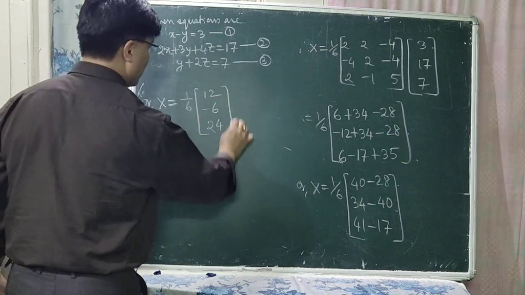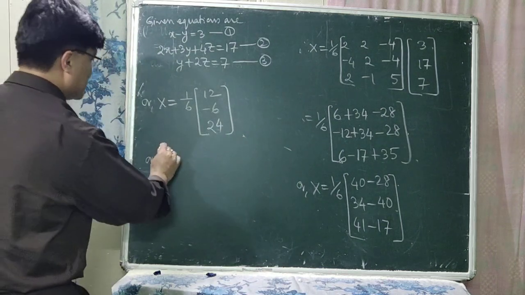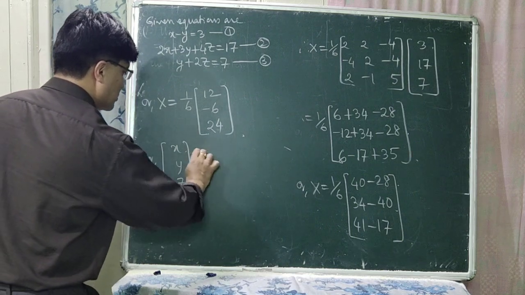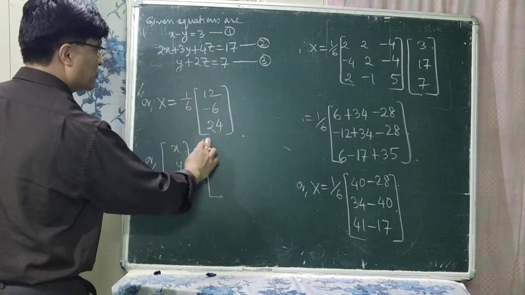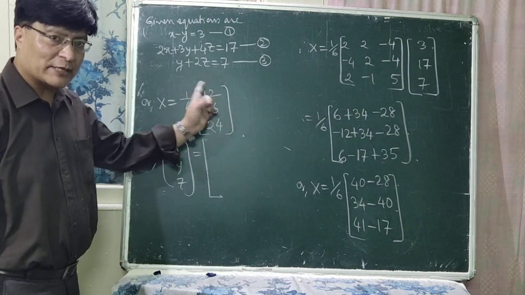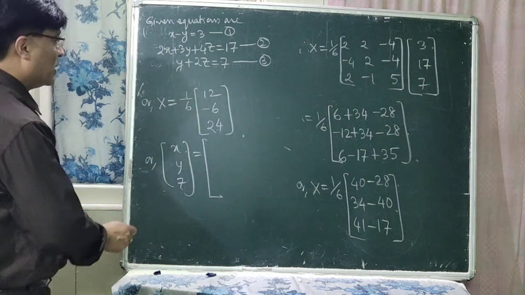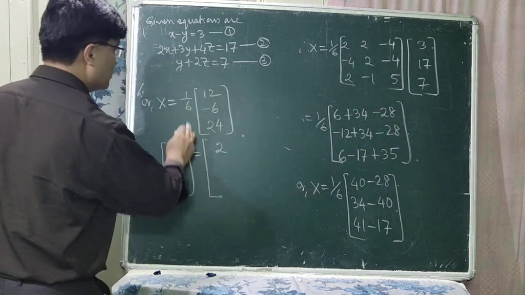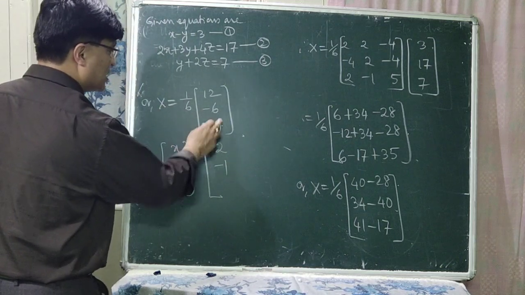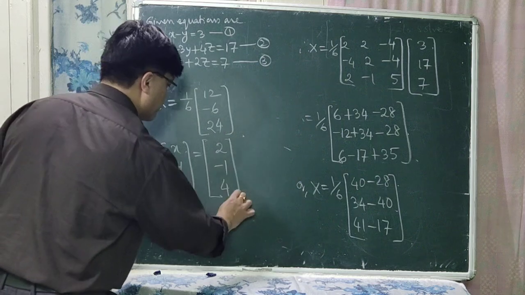Right, that is 24. Now, what is capital X here? Actually, it is x, y, z. So all the elements in this matrix are multiplied by the scalar quantity 1 by 6. What is 1 by 6 into 12? That is 2. 1 by 6 into minus 6, that is minus 1. 1 by 6 into 24 is 4.